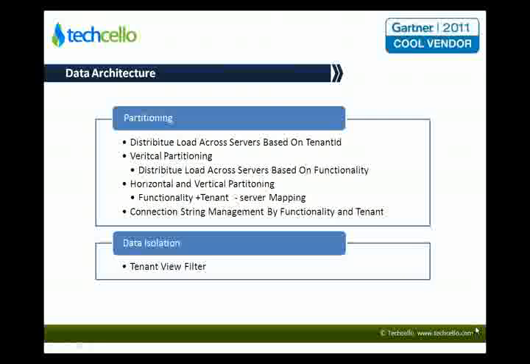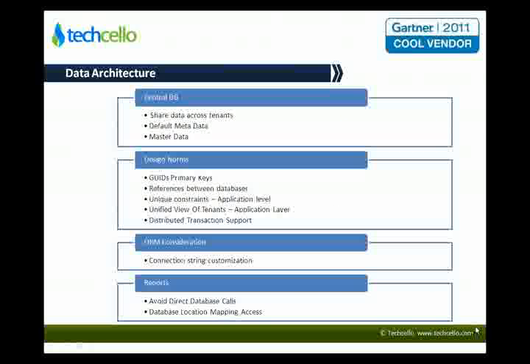So it becomes important to adopt some kind of a data isolation mechanism, and it should be brought in at the framework level itself. So that's on data isolation. So you need to support partitioning. You need to bring in the data isolation support at your framework itself.